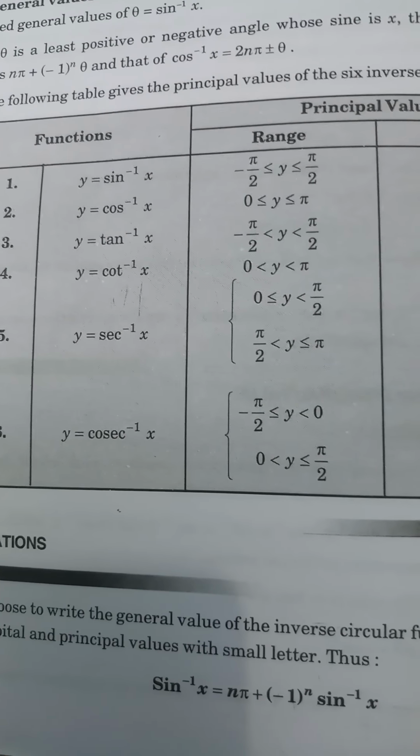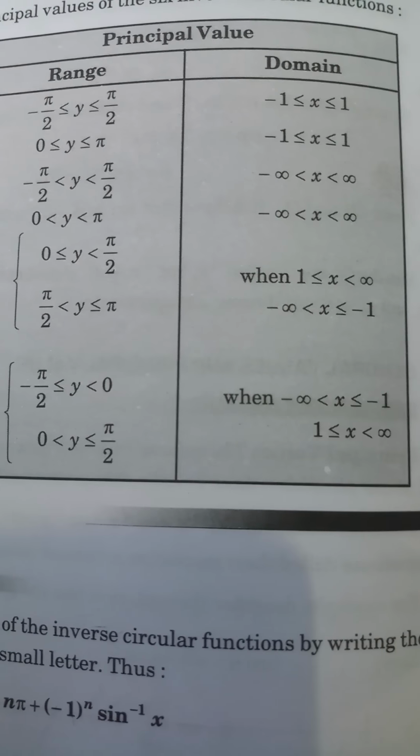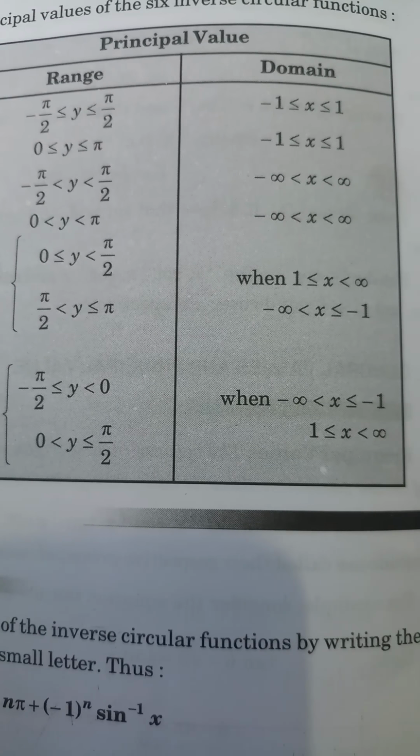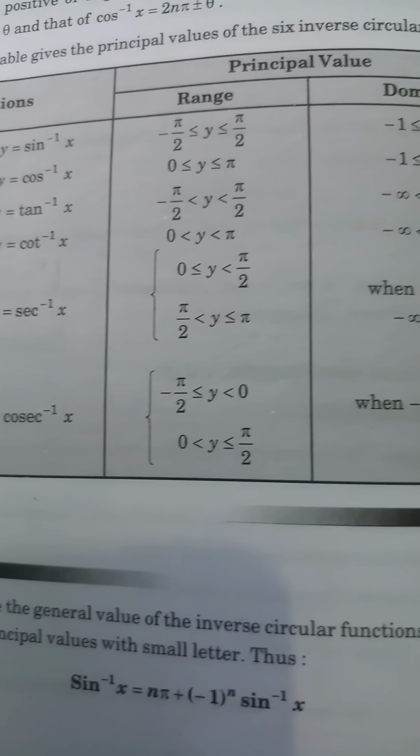For y equal to cos inverse x, the domain is x lies between -1 and 1, and y lies between 0 and pi.